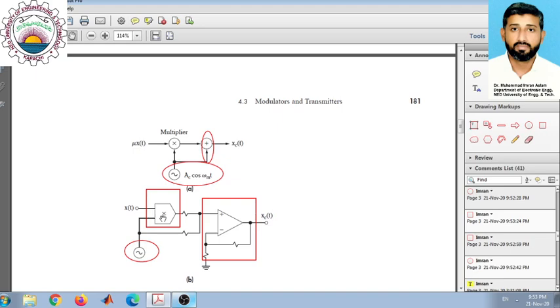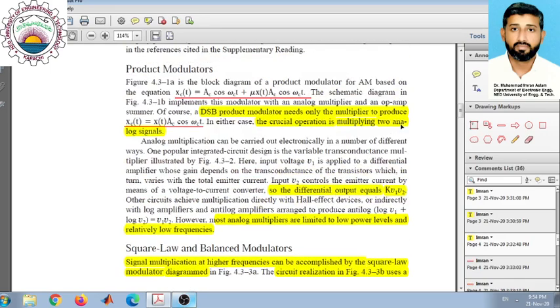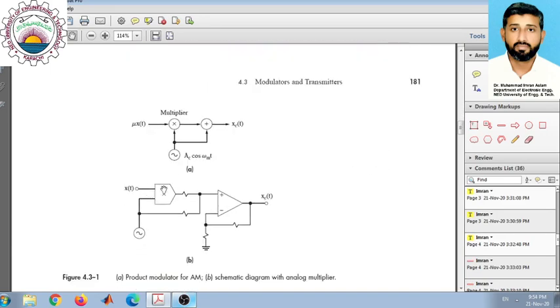So the summary is: the carrier wave is generated by an oscillator. The addition operation is generally achieved by this operational amplifier, whereas the multiplication can be realized in a variety of different ways. We need some hardware to generate this multiplication.